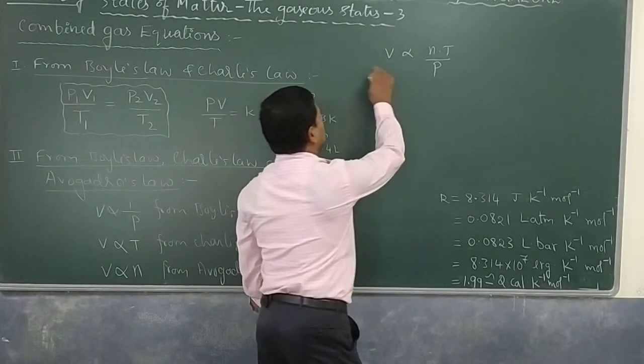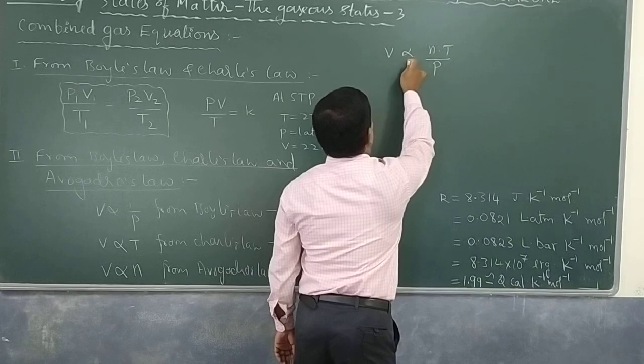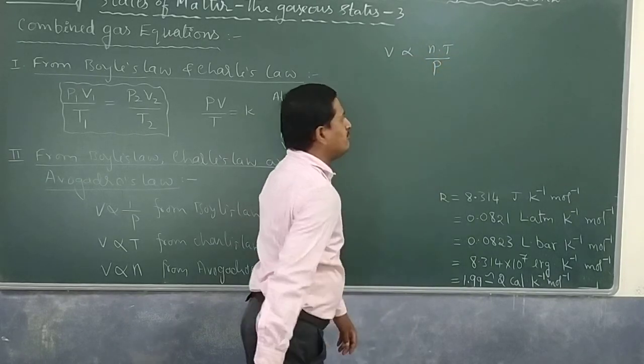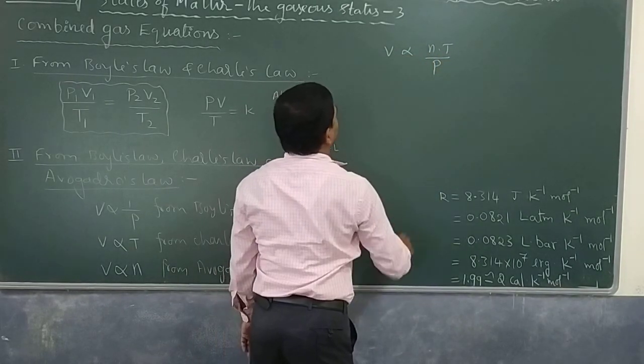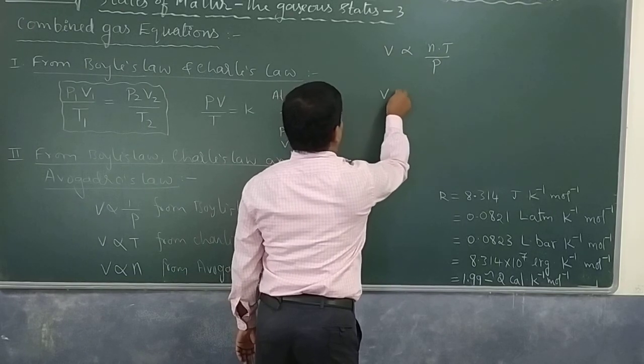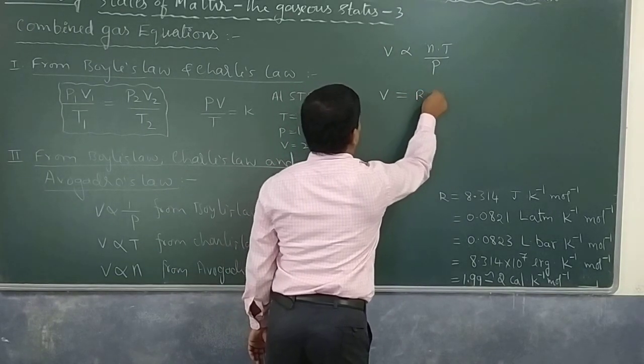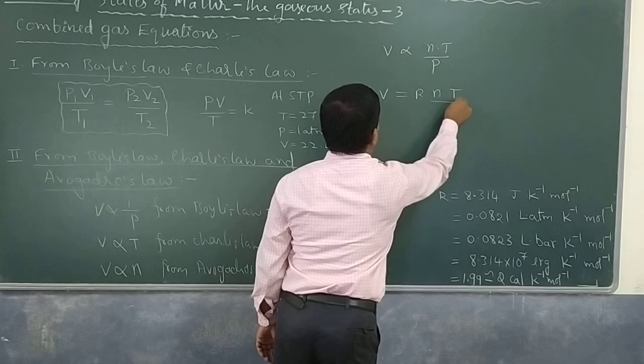So from these three statements we find V is directly proportional to N T divided by P, and removing the proportionality symbol by putting in a constant, V equals R into N into T divided by P.